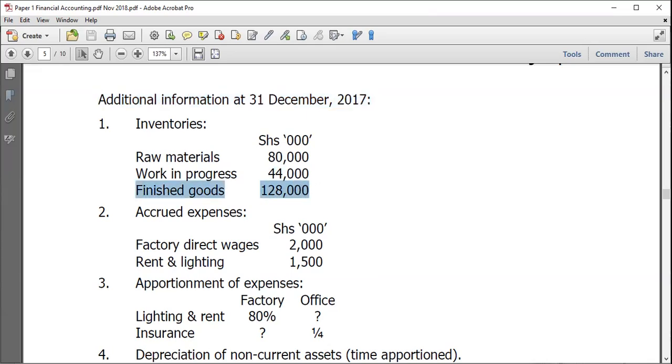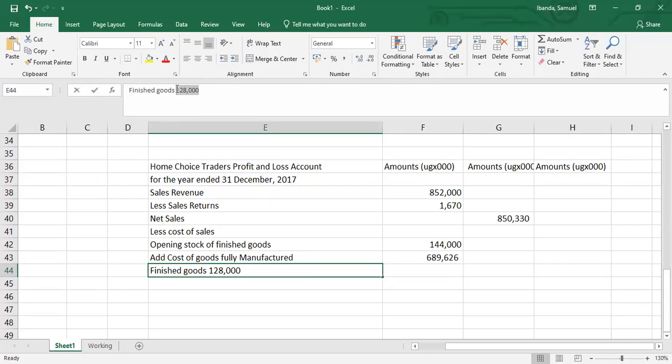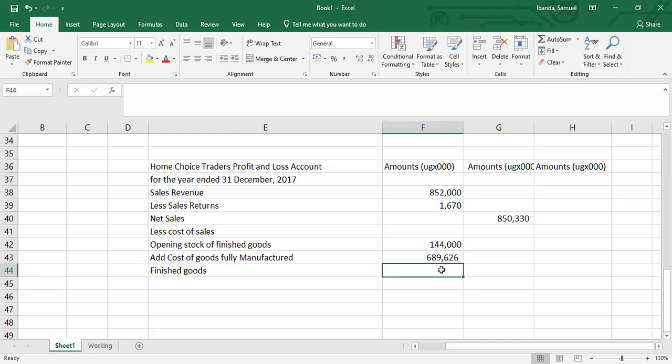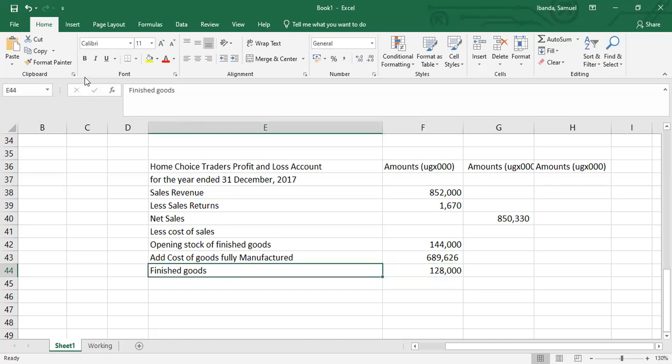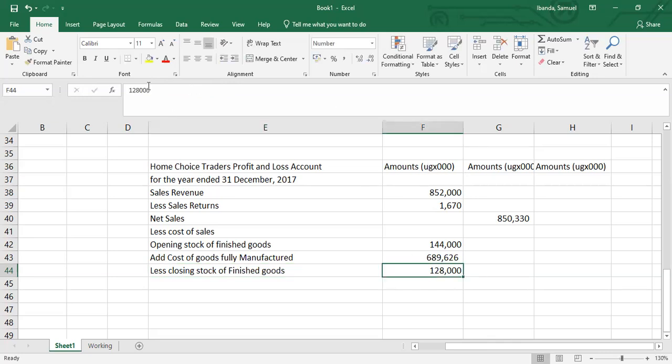So I'll come and put here 128. So remember, I'm lessing this, less closing stock of finished goods. So I'm going to put a negative to this, okay?